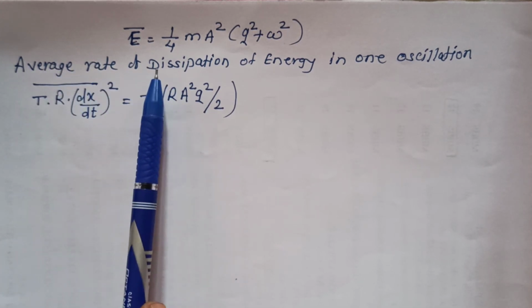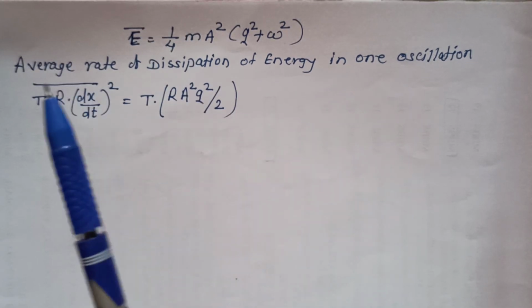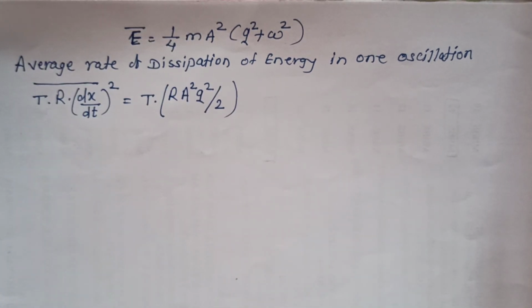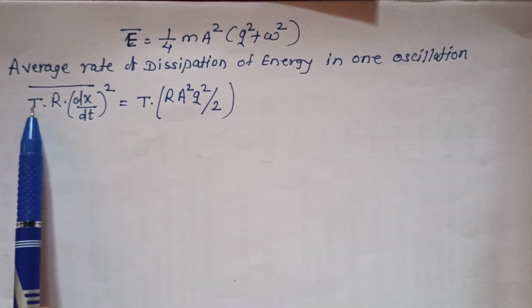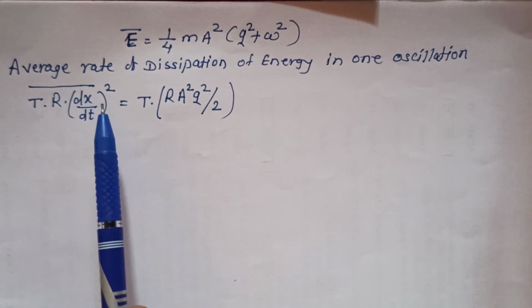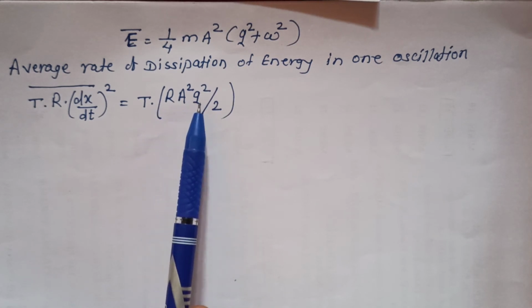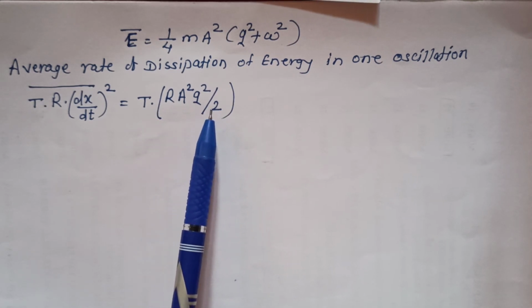Average rate of dissipation of energy in one oscillation is given by T into R into (dx/dt)^2 its average, which is equal to T into R a^2 q^2 divided by 2.